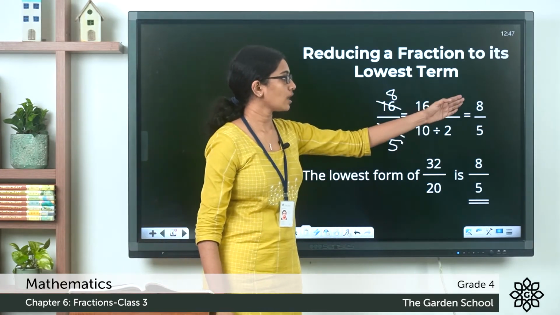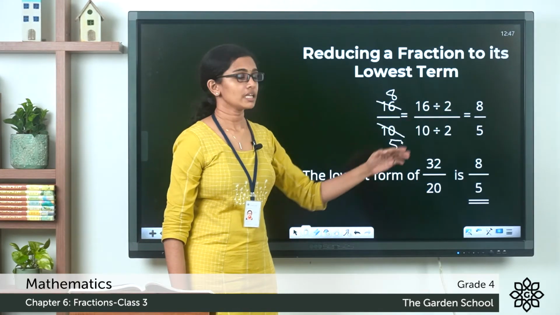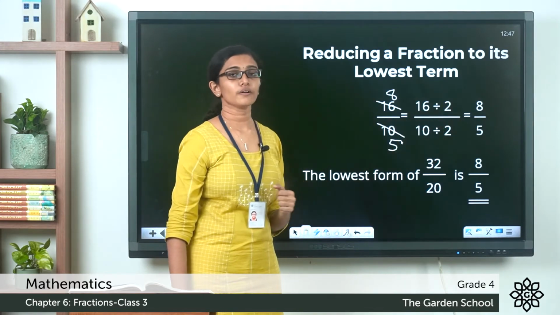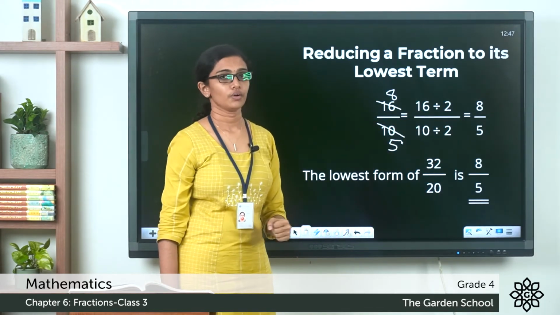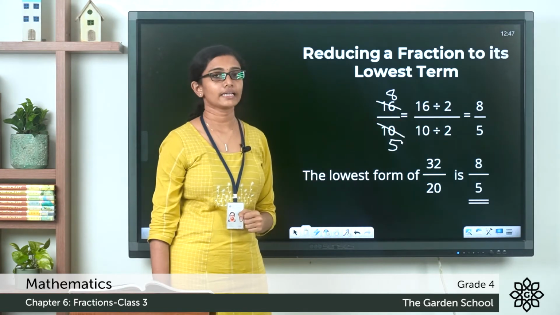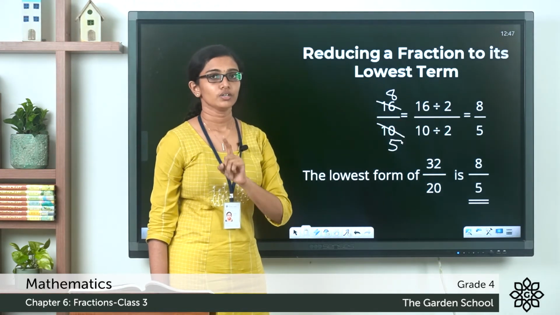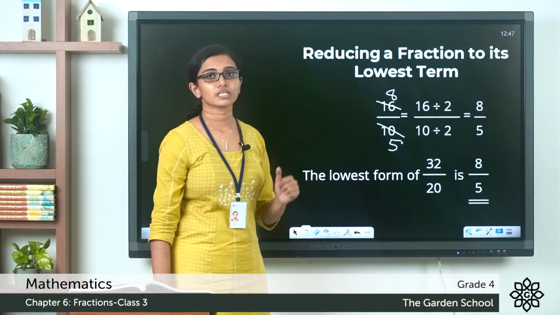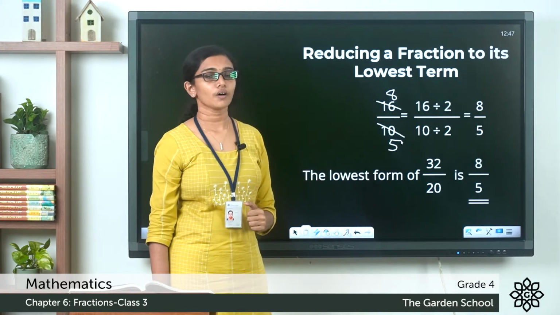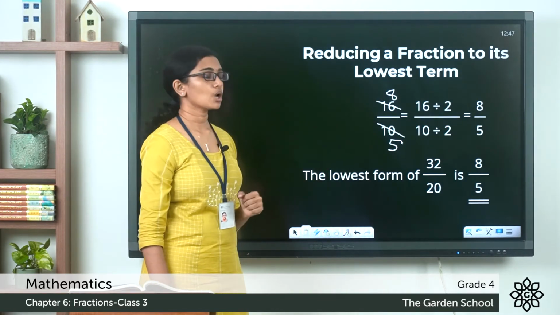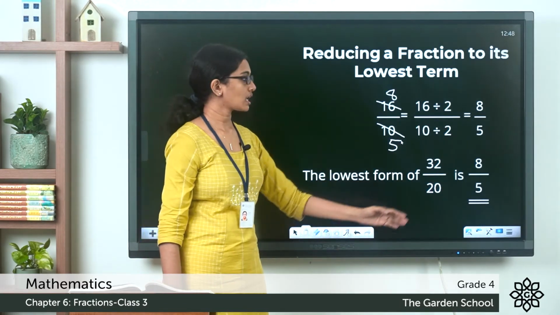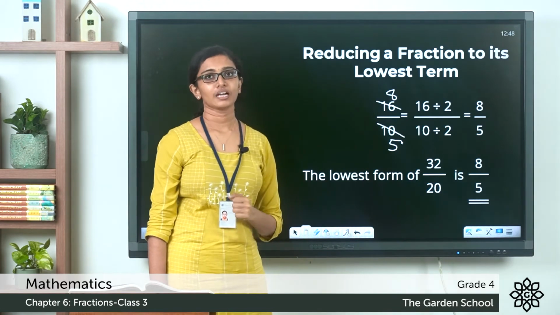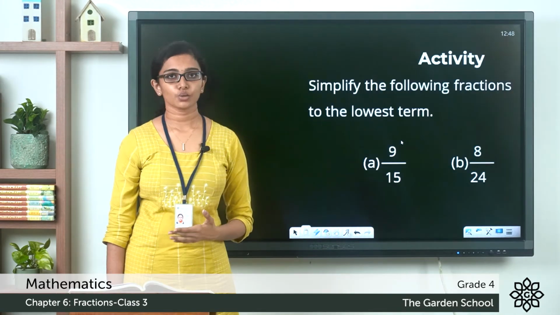Our fraction is now 8 by 5. Now you check, are there any more factors other than 1 for this 8 and 5? No. The only common factor for 8 and 5 is 1. So we have reached the lowest term or the lowest form of the given fraction. Thus, the lowest form or lowest term of 32 by 20 is 8 by 5. Clear?